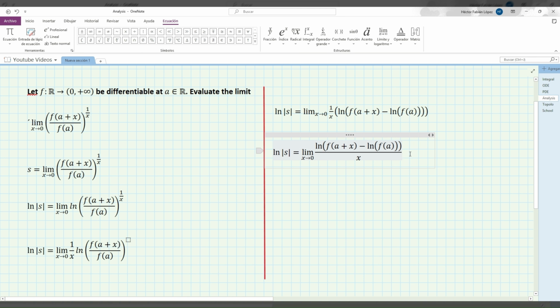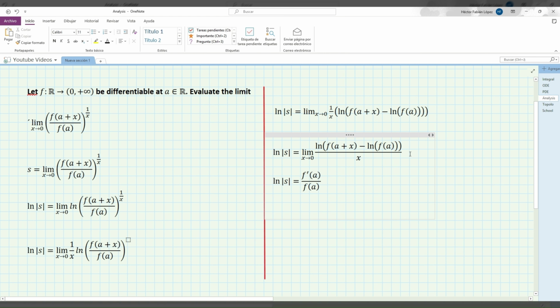But okay, excellent. Then this derivative is going to be equal to ln of S equal to f prime evaluated at a over f of a. Okay, excellent. Remember, you can do this derivative by chain rule, and you will find the same result.